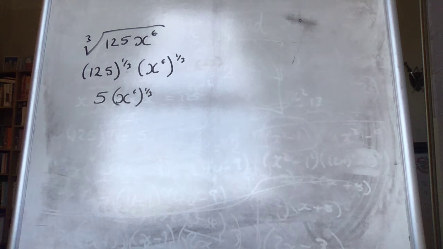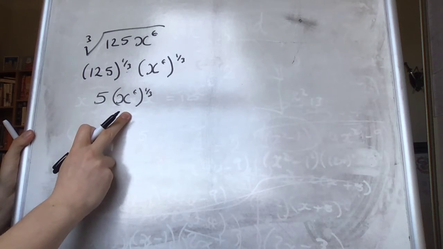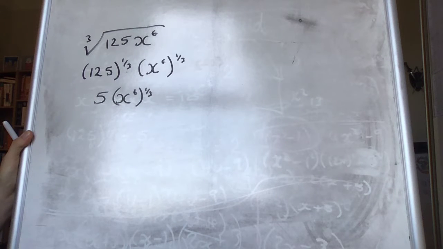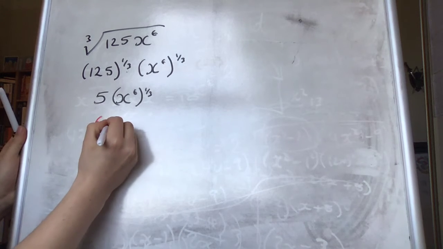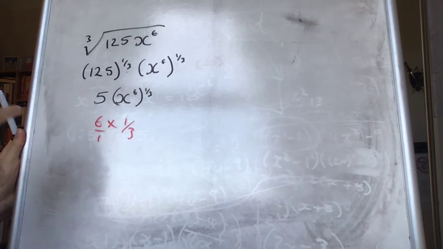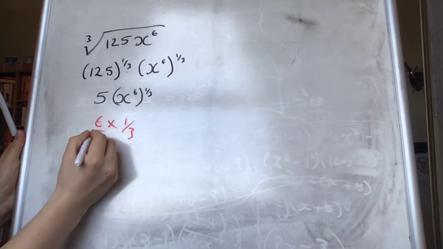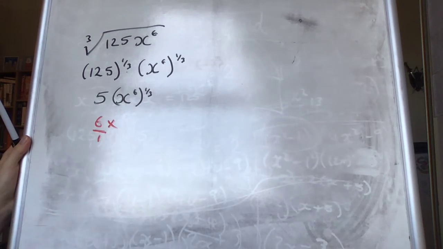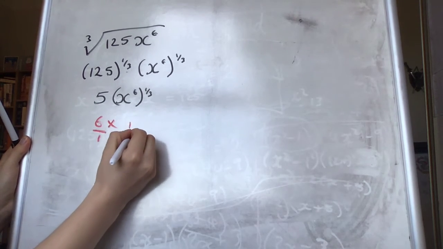And as we saw just a moment ago, when we have something raised to a certain power, which is all raised to another power, we need to multiply the powers together. So this is 6 times 1/3. And if you've got a standalone integer like 6, I always like to put the actual denominator underneath as 1 just to make it super clear what we need to be doing.